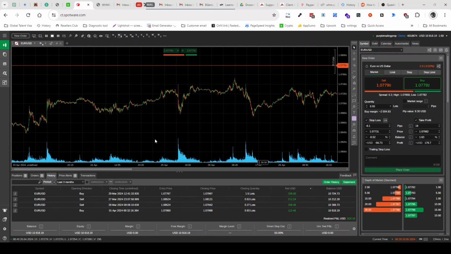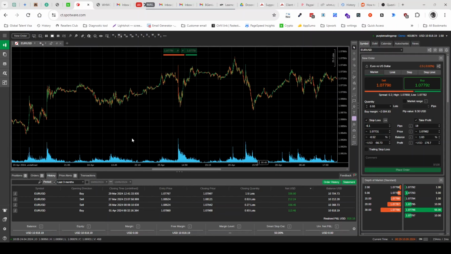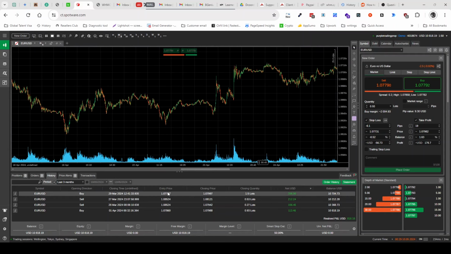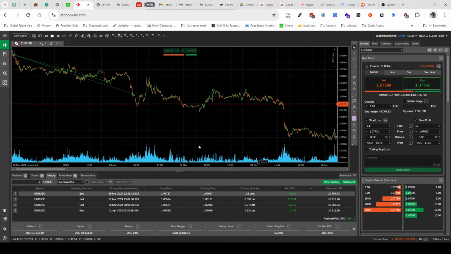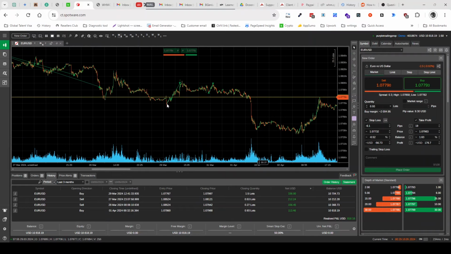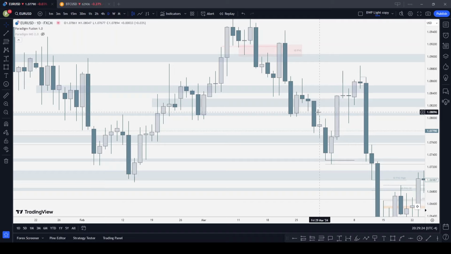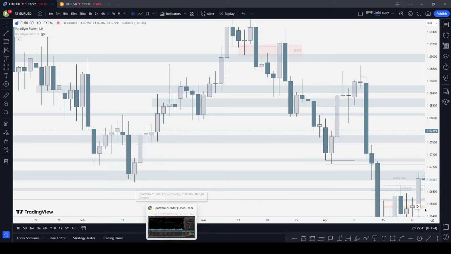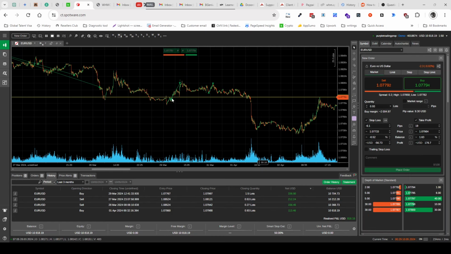I'm trying to scroll to that price action again. Okay, so you can see that this is Friday the 29th. The moment price came inside of this new week opening gap, I was looking for longs, and then a long presented itself on the low time frame right here.